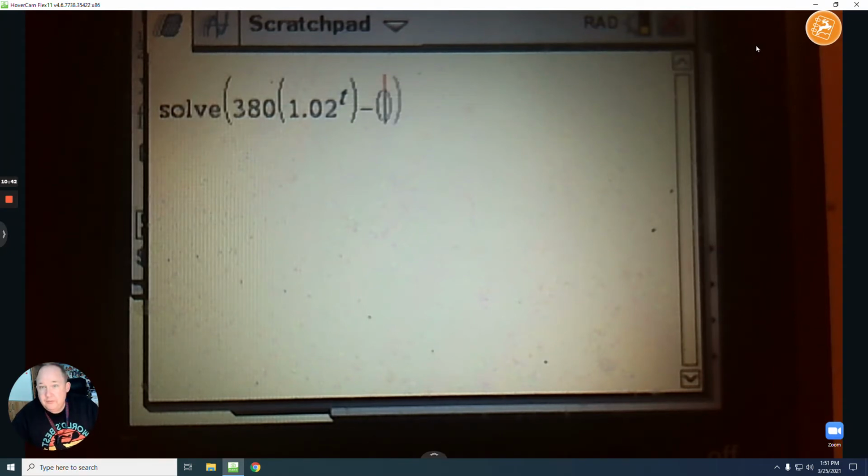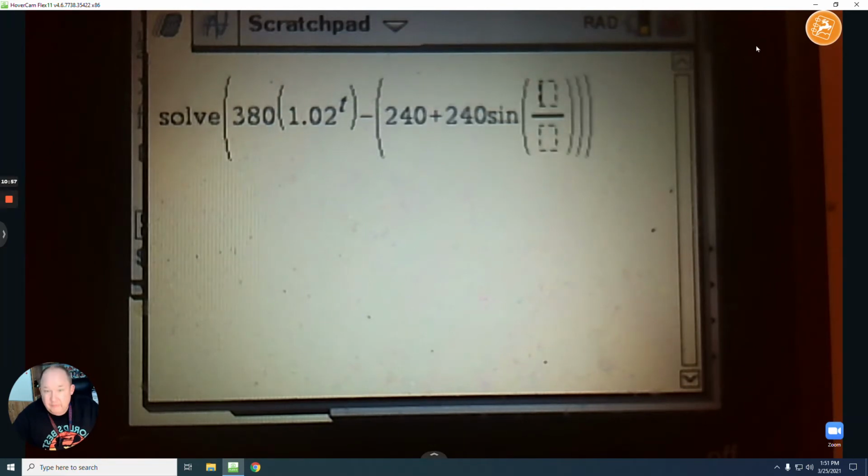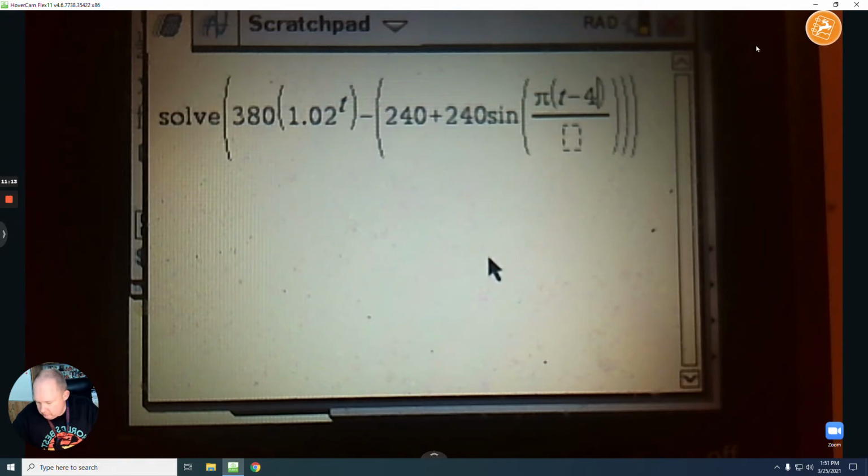and we're going to use parentheses, and it's 240 plus 240 sine, and then in the parentheses I want a fraction, and then it's pi, and then it's t minus 4, and then that's over 12.